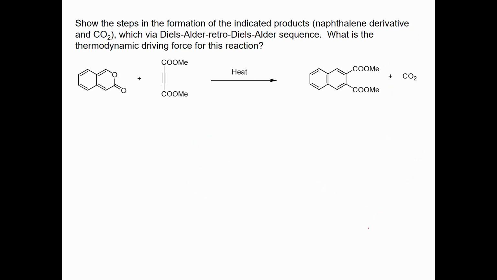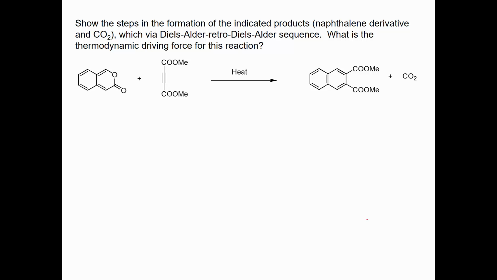Okay, here. Show the steps in the formation of the indicated products, the naphthalene derivative in CO2 via a Diels-Alder, retro-Diels-Alder sequence. Okay, and we'll look at the thermodynamic driving force in each case.